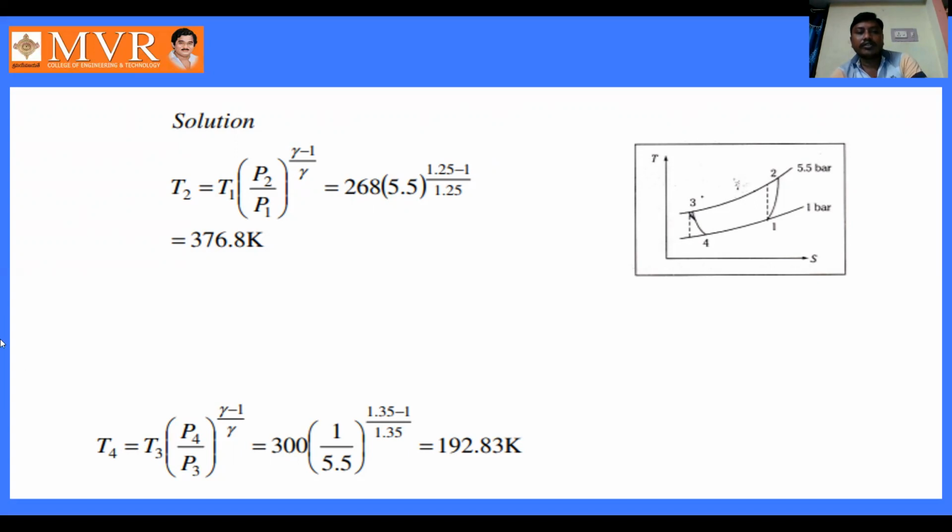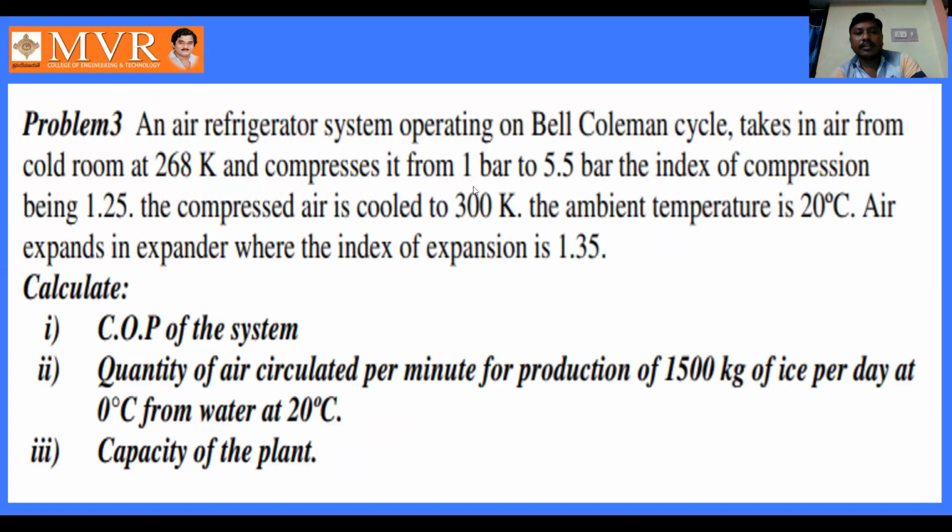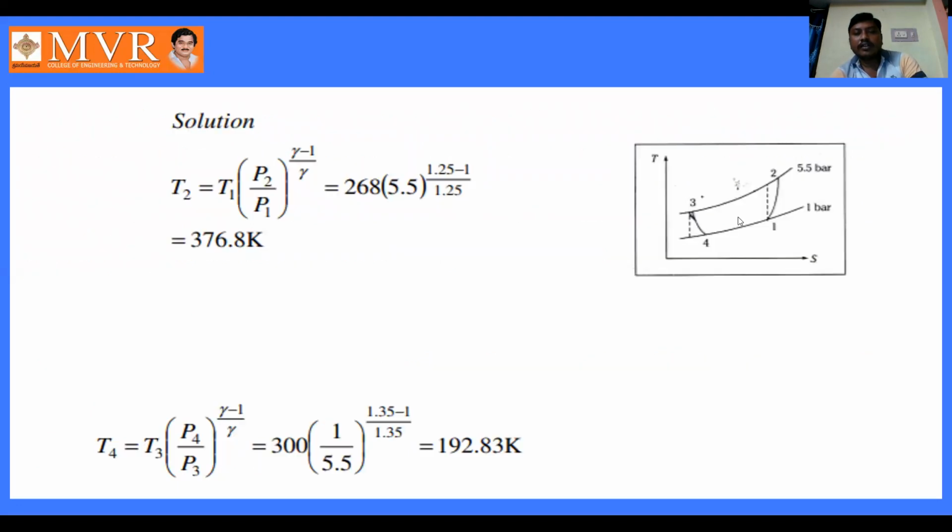Hence, we are substituting the values. T3, already in the problem, it has been given that the compressed air is cooled to 300 Kelvin. Here we can observe that this is the compressed air which enters into the cooler. See, the 2 to 3 process is the cooling process, which means the heat rejection process.